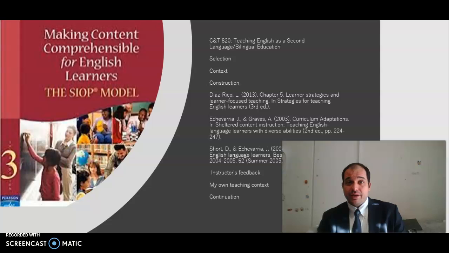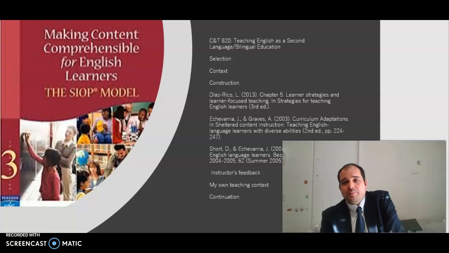We talked also about how student autonomy really plays a key role in second language acquisition. One other thing I really benefited from was instructor feedback, both from Dr. Habitarium, I hope I say his name right, and Dr. Roca.